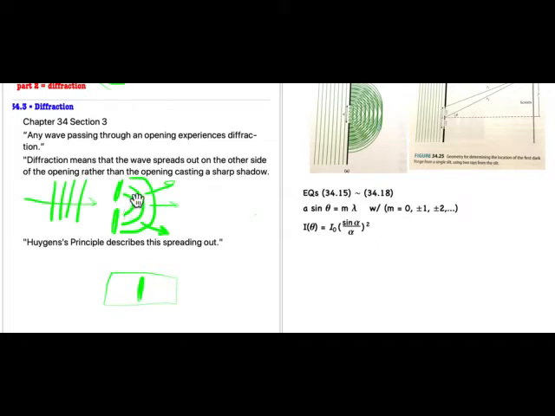That's what's observed, as long as the size of the opening is comparable to the wavelength or less than the wavelength.